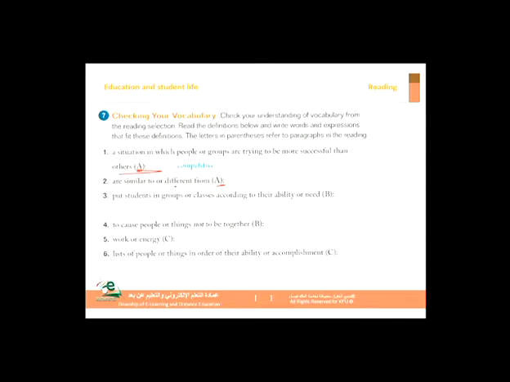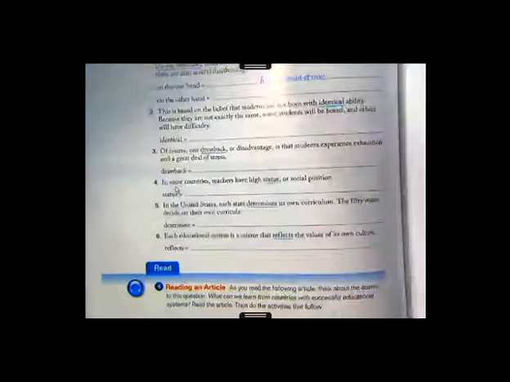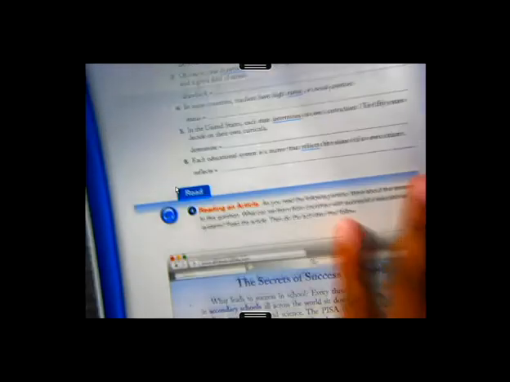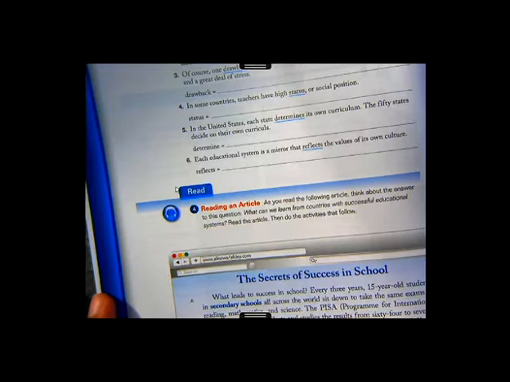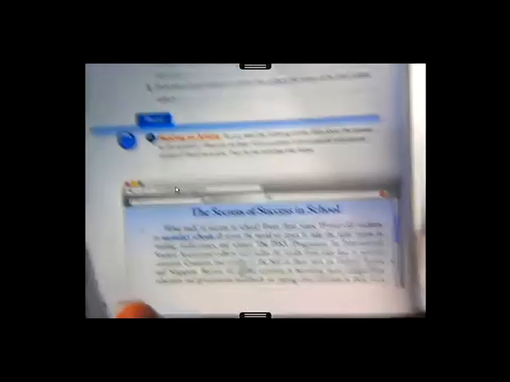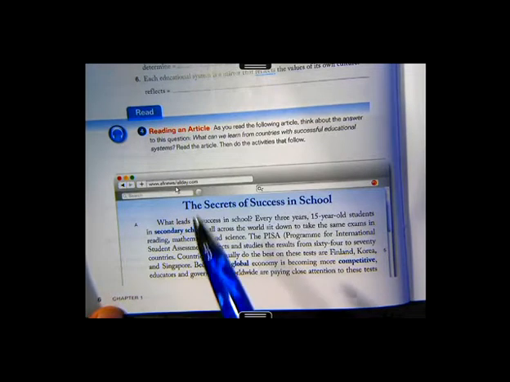So paragraph A. All right, so first of all, you have some words written in bold.